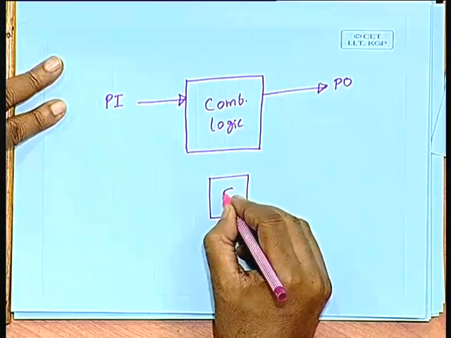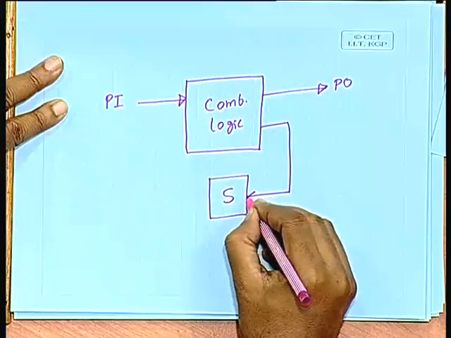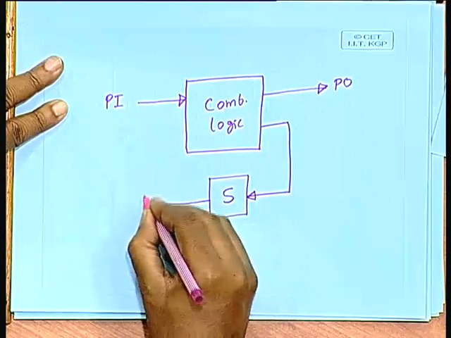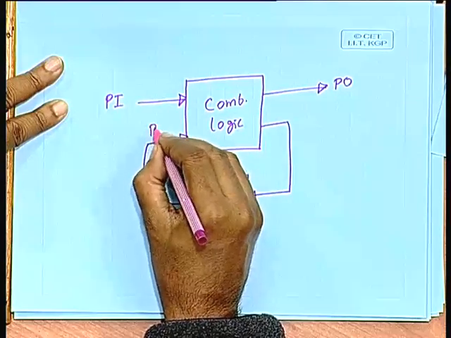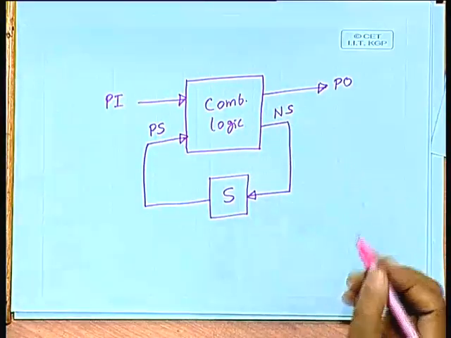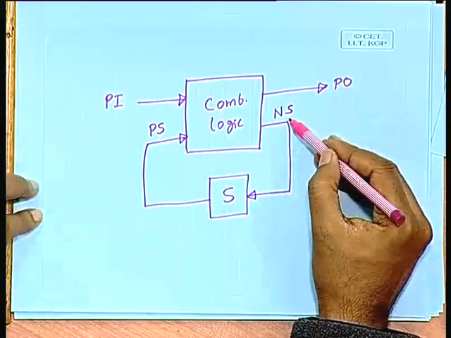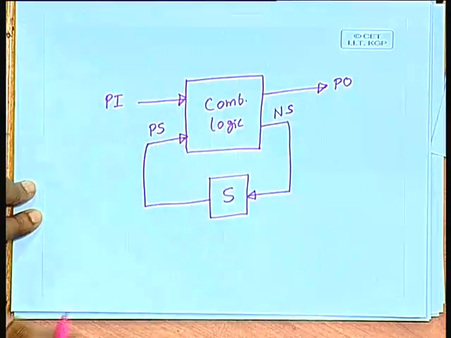Okay, let us call it S. So, the output of the combinational circuit is being fed here and this is fed here. So, this is your present state and this is your next state. So, both the primary output and the next state will be some function of primary input and present state.